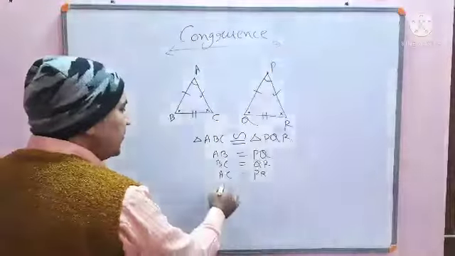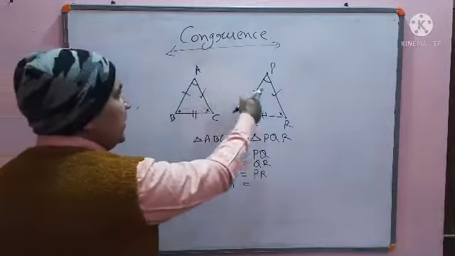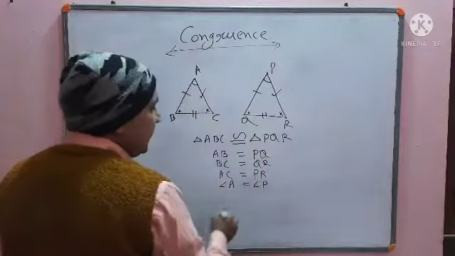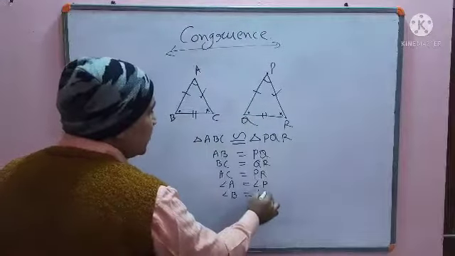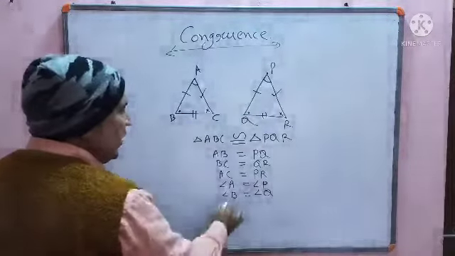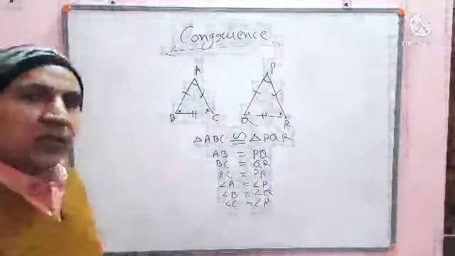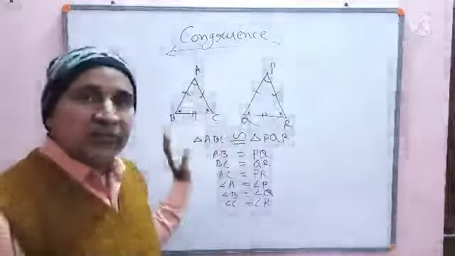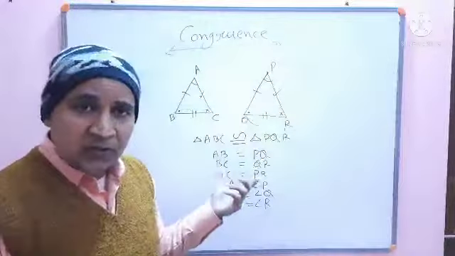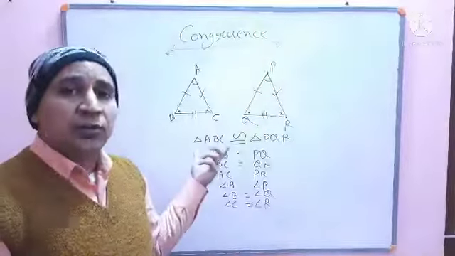Other than sides, we are finding that angle A of this triangle is equal to angle P also. In the same way, angle B must be equal to angle Q and angle C must be equal to angle R. Then only the triangle will overlap the second triangle. And if it is possible, then we will say that both the triangles are congruent.